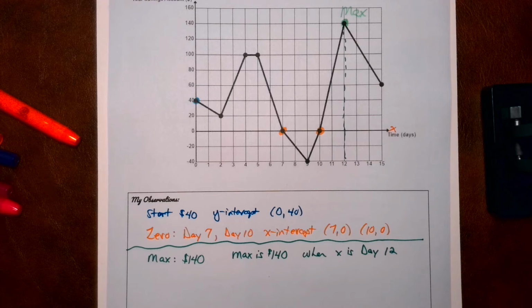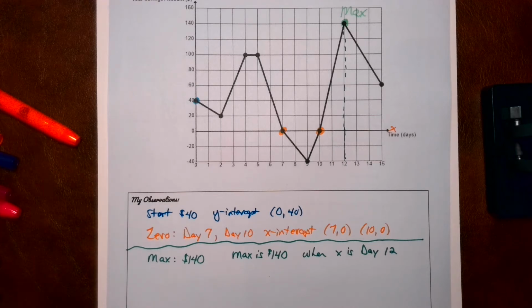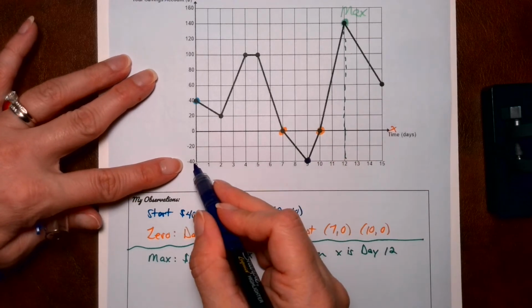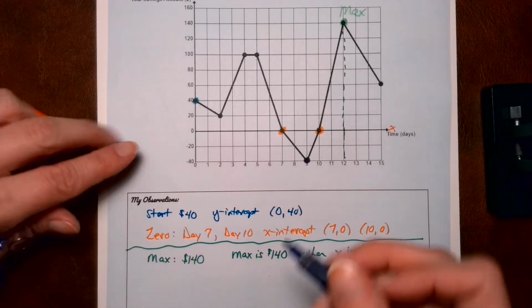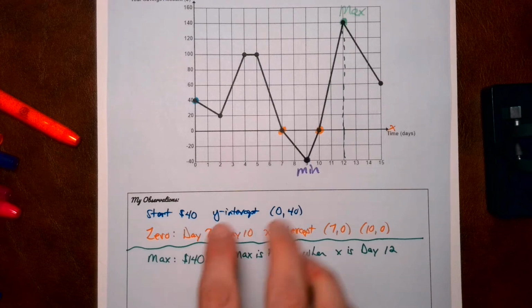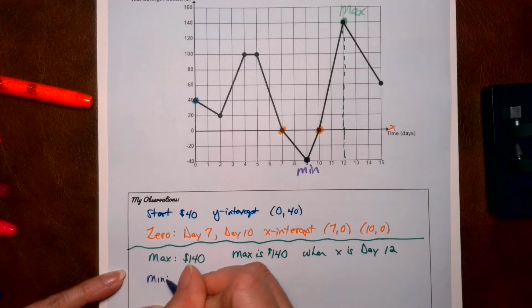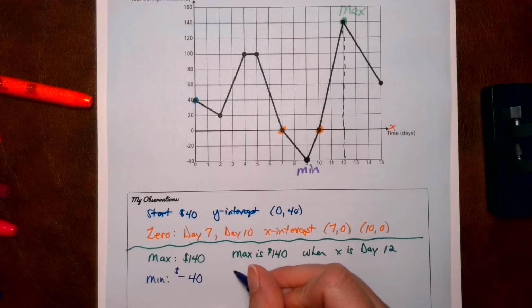How about the minimum? How about the lowest this graph ever reaches? The minimum value right here, maybe you owe somebody $40. So this is the minimum. There could be more than one minimum if they were both the same. So the minimum is negative $40. How do we write that?